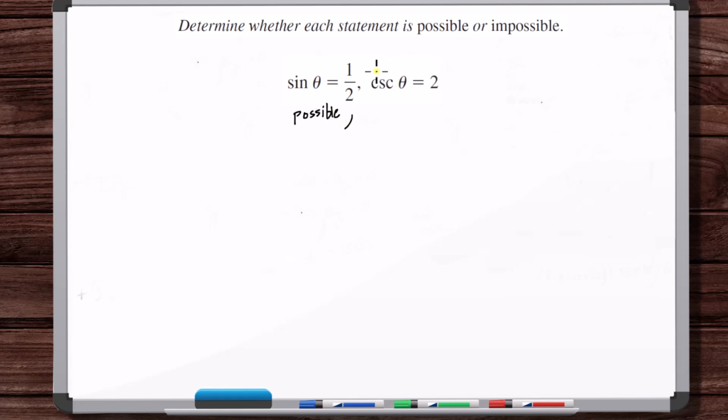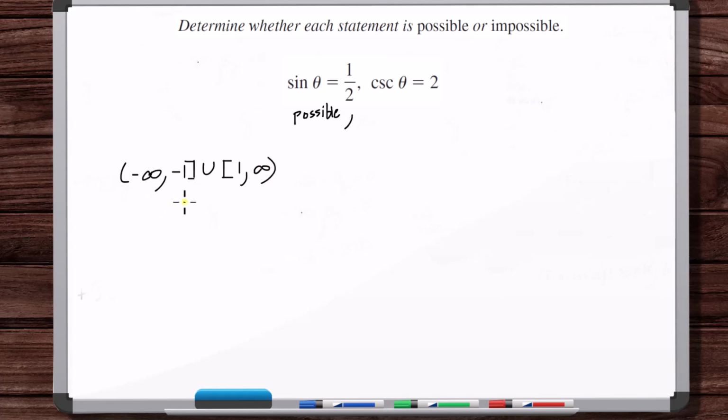Okay, cosecant theta. With secant and cosecant, we talked about those being probably the hardest to understand their ranges, but remember you can have any value from -infinity to -1, including -1, and then anything from 1 to infinity.